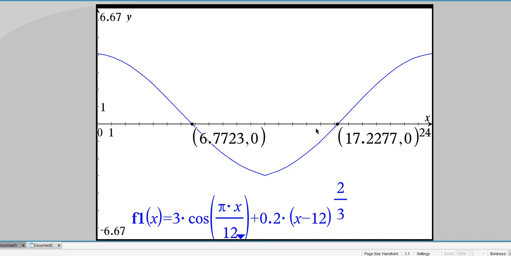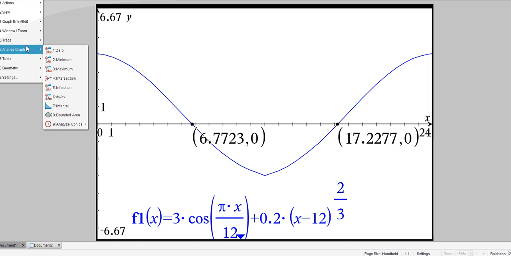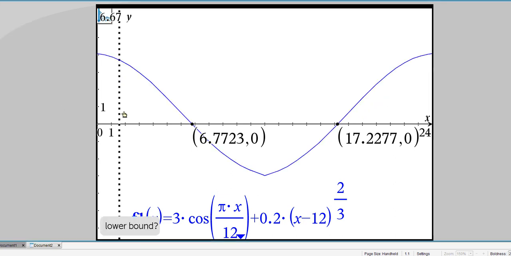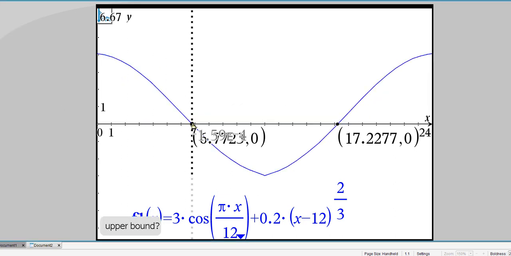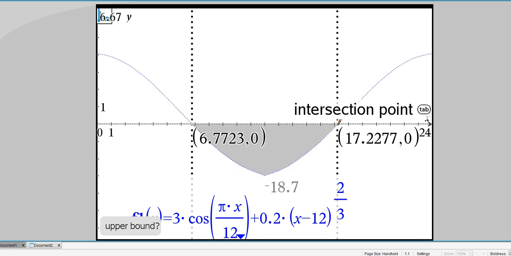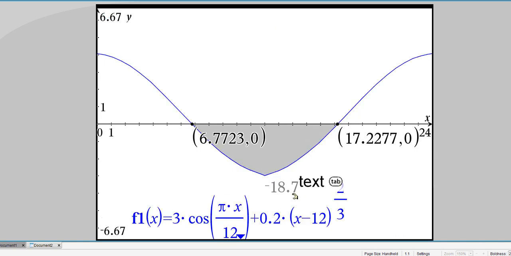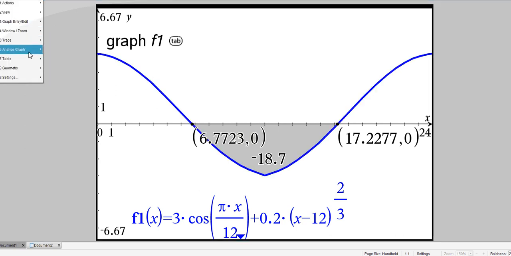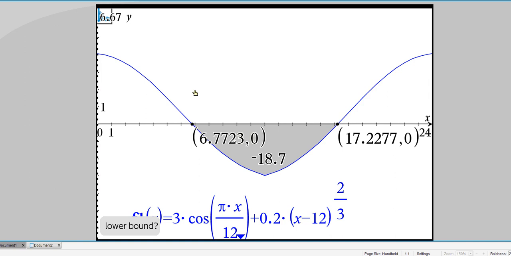We take an integral. We can do that on our calculators. If you have an Inspire, you can do it this way. If you don't have an Inspire, we've talked about how to do this in class. This integral value is negative 18.7, which means between this time and this time, the depth of the water goes down by 19 centimeters. Well, how much does it go back up after?